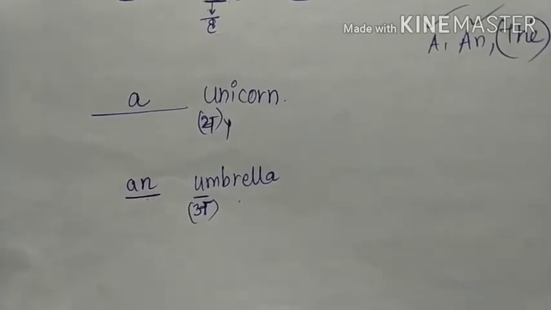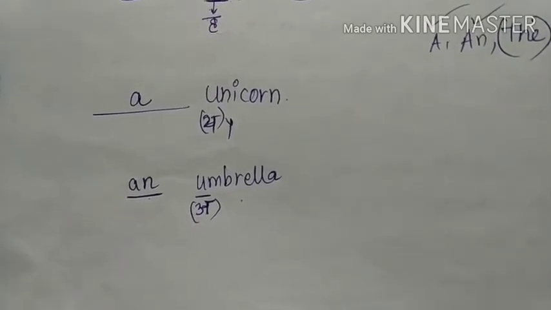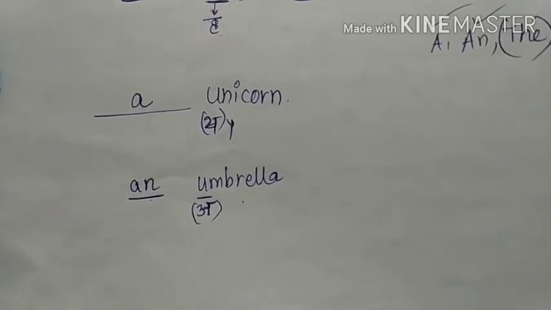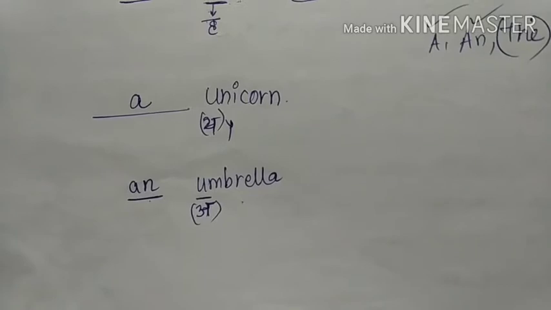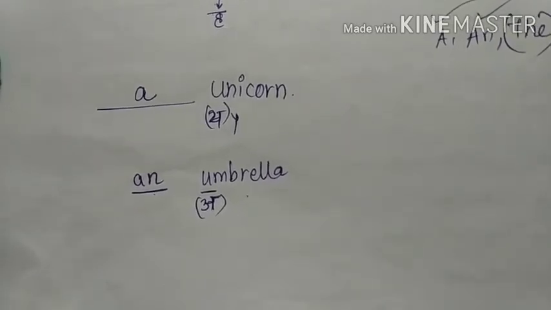However, in the case of the word umbrella, it begins with the vowel letter U, and it has the vowel sound A. Umbrella यानी अ का साउंड आ रहा है, so we use the word AN before such sounds.